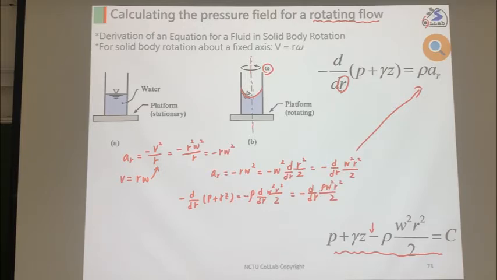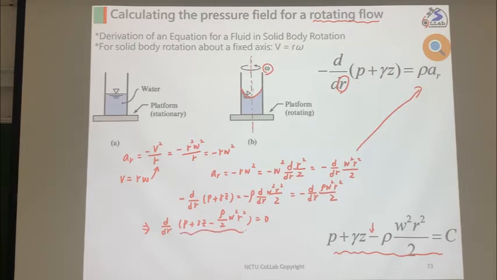So you can combine the two sides together. Finally we know dr of P plus gamma Z minus, because this is a minus, you move it from the left hand side to the right hand side. So it still has the minus rho over 2 omega squared R squared equal to 0.